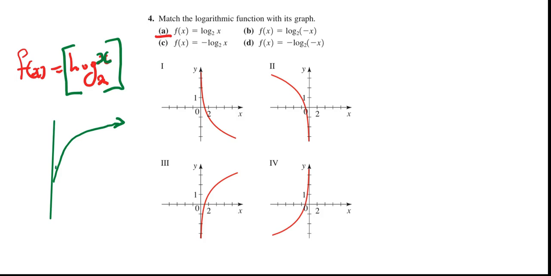Good. So this is how the graph of a function like this usually looks. And then if you look at the options given, that means the graph of function A, f of x equals log x to base 2, will be graph 3. So this is A.